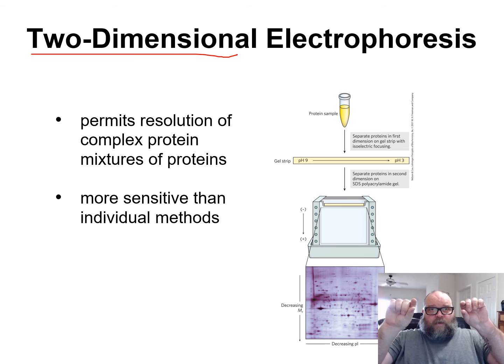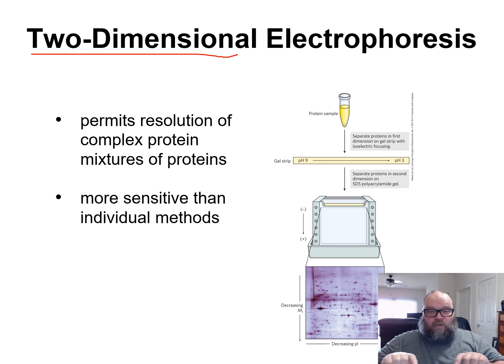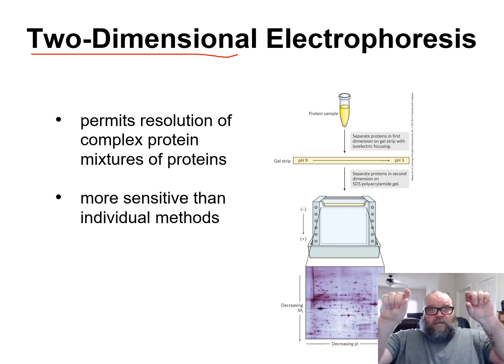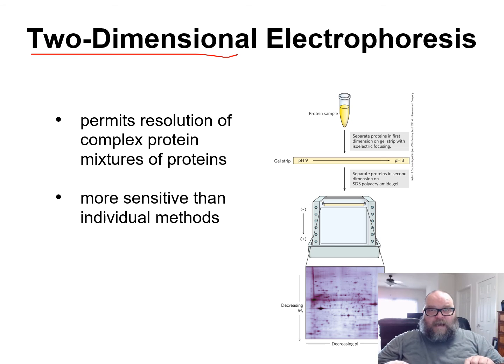And now you're going to run just your normal gel electrophoresis we've talked about, where big things are going to stay at the top, small things are going to be down at the bottom. So they've separated out left and right at our first step, our first dimension, in one apparatus, transferring that whole strip to another apparatus, and now they're going to run from the top down to the bottom. Big things stay up near the top, small things down at the bottom.